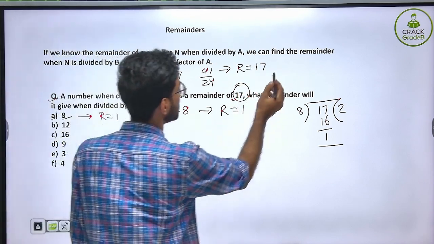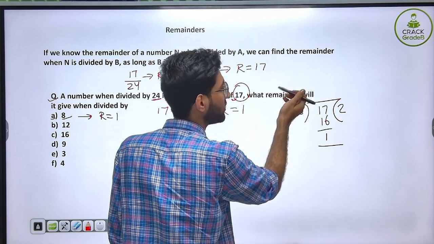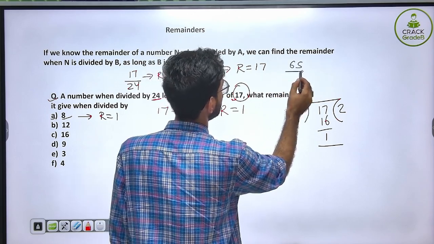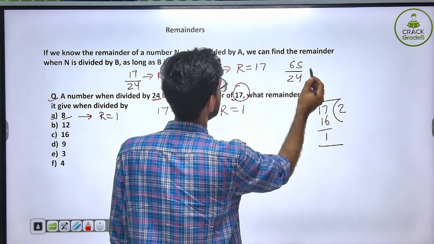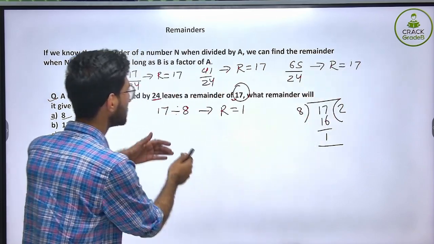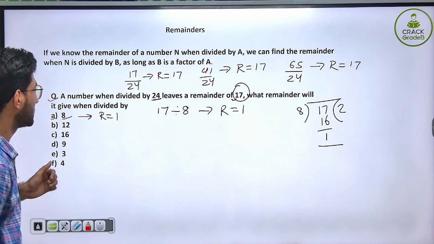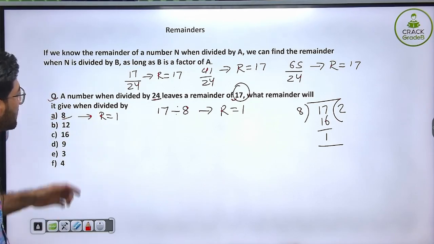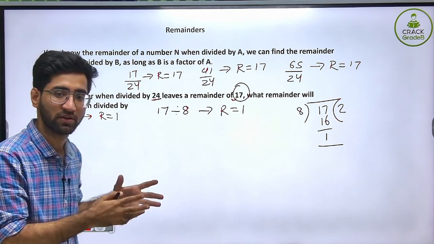24 into 2 is 48, plus 17, that is 65. If you divide 65 by 24, you will get remainder 17. See, we have already found the answer that the remainder is 1 if the number is divided by 8, but we are cross verifying it.